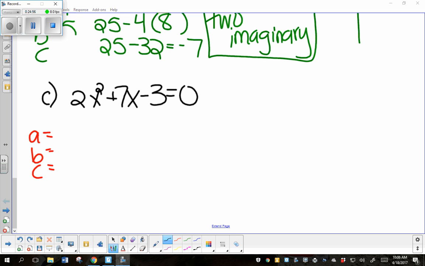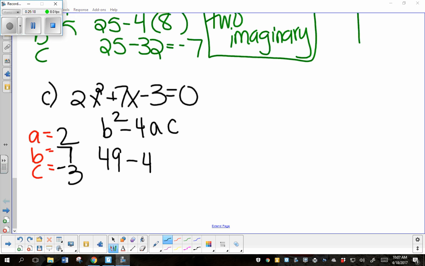We'll just go through and say, like, A is this, B is this. Okay, A is 2, B is 7, and C is negative 3. And the equation is b squared minus 4ac. And 7 squared is 49 minus 4 times 2 times negative 3, which is negative 6, so 49 plus 24 is 73.